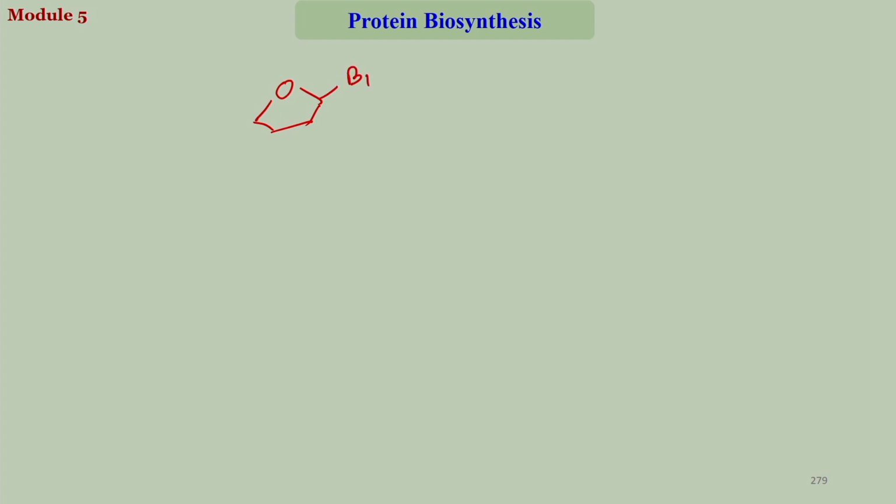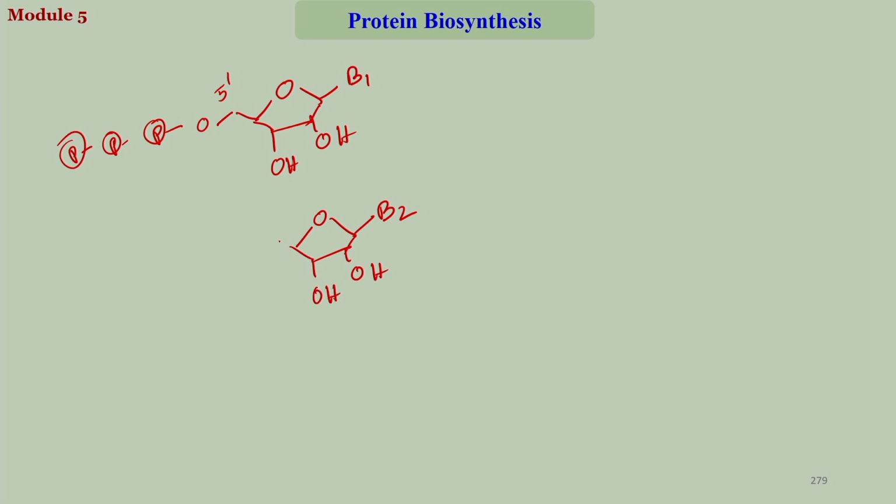Quickly, let us say this is B1, RNA, 3' hydroxyl free, O, phosphate, phosphate, phosphate, this is the 5' end, and then you have B2, OH, OH, 5' phosphate, phosphate, phosphate.